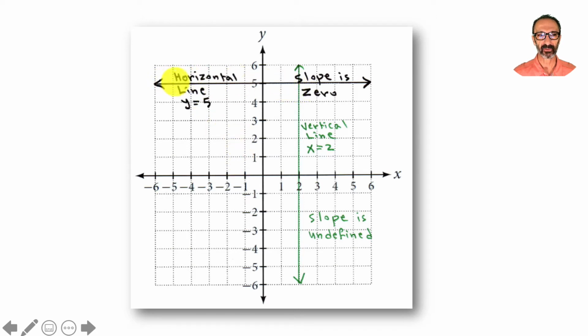Every point on this line could be represented by the value y equals 5. X changes, but y is fixed. Of course, if you go up to 6, you're not going to be on the line anymore. So y has to be fixed, which is 5, and the slope is 0. This vertical line has an equation of x equals 2, and x does not change. The slope will be undefined.